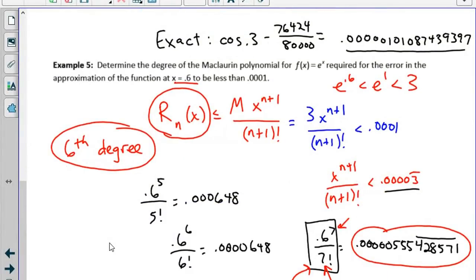So now, what if I have to determine the degree of a Maclaurin polynomial required for the error to be less than 0.0001? In that case, I'm basically working backwards. So what I want to do is find the n such that the maximum derivative times x to the n plus 1 over n plus 1 factorial ends up being less than 0.0001.